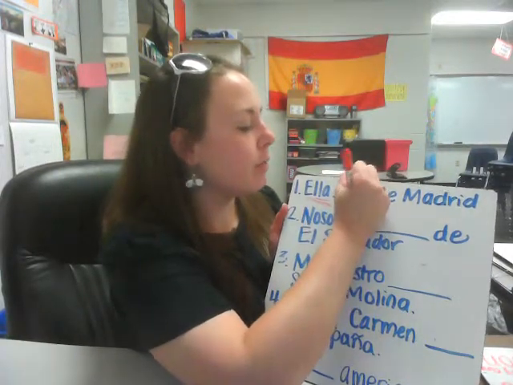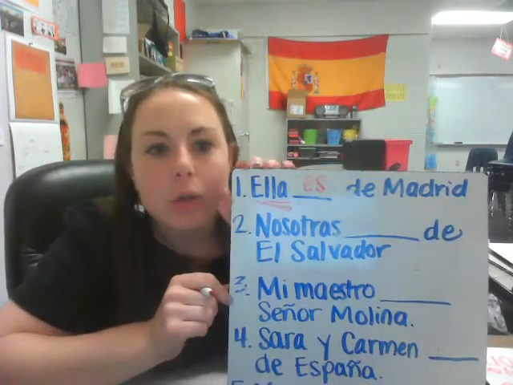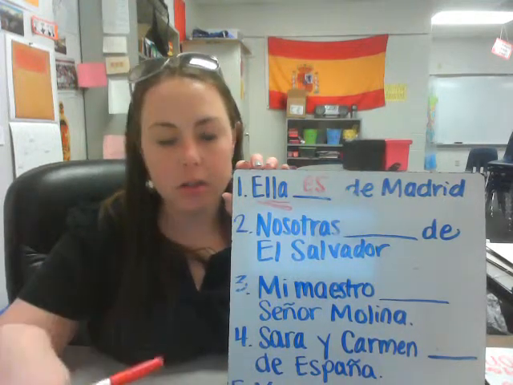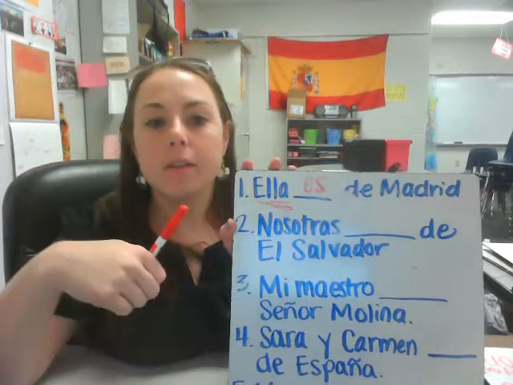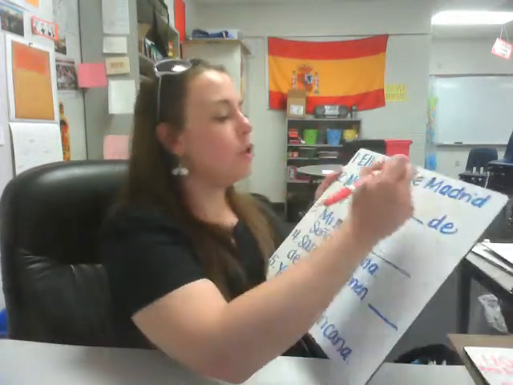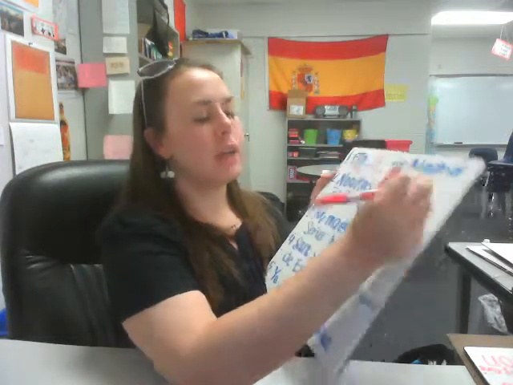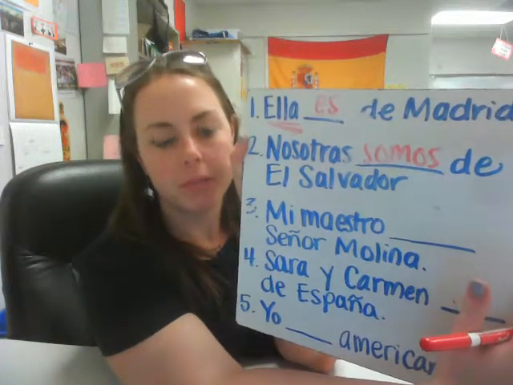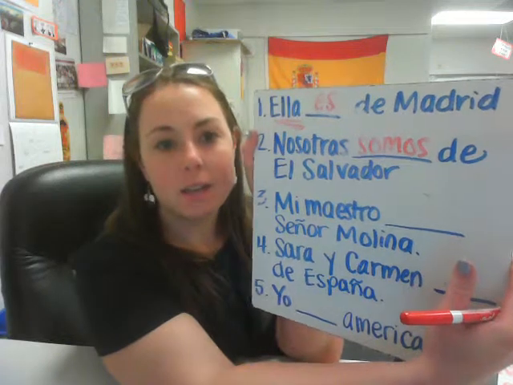My marker is running out. Ella es de Madrid. Okay, number 2, nosotras blank de El Salvador. And again, if you need a little more time, make sure you pause it in between when I give the answer. Nosotras, for this one, we would say somos, because somos is the nosotros and nosotras form of the verb ser. Number 3, mi maestro blank señor Molina.